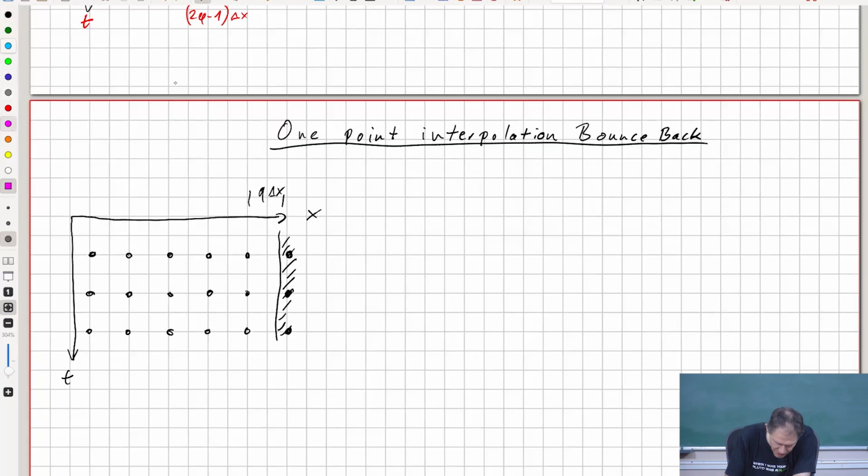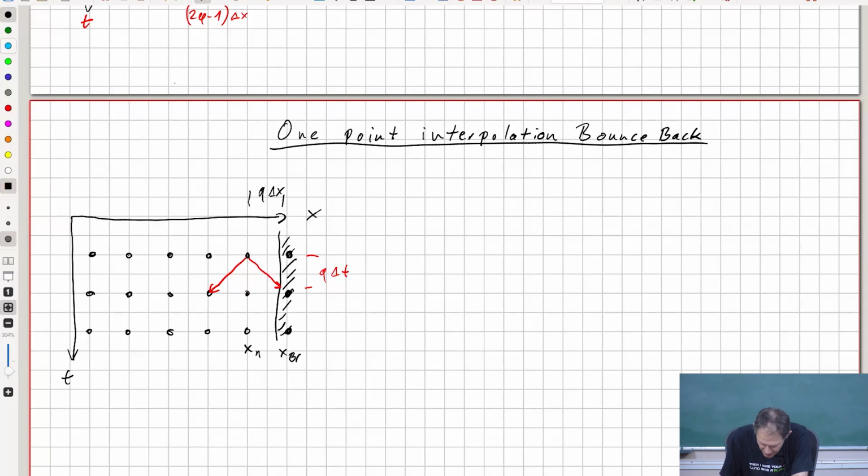And now we draw here these outgoing populations. One thing that we observe is when we have a distance q delta x, then the distance in time that it takes to reach the wall is obviously q delta t. Let's call this here xn.